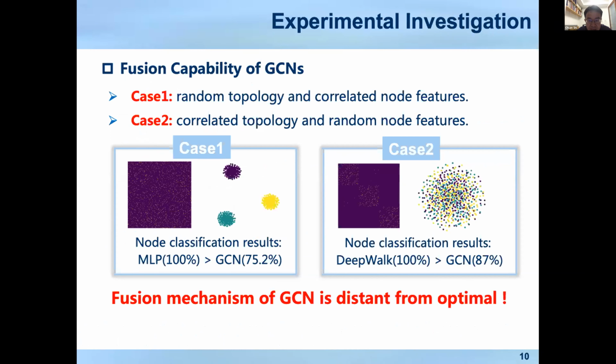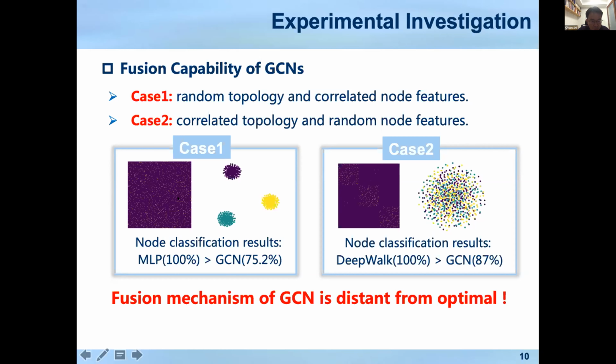Let's first see an experimental investigation. We do an experiment to validate the fusing capability of GCN with two extreme graph data. In the first case, we generate a graph with random topology and created node features, where the node features are generated from three Gaussian distributions.